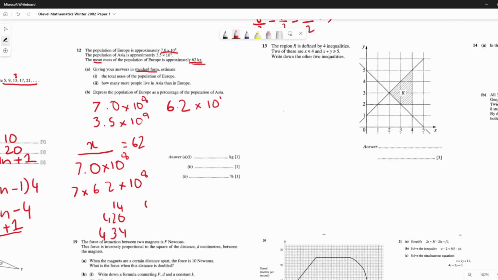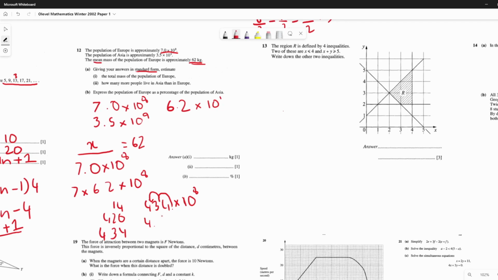So this would be 434 into 10 to the power of 8, which in standard form, the decimal is here. If we divide this by another 10, the decimal would be here, and then if we divide this by another 10, the decimal would be here.